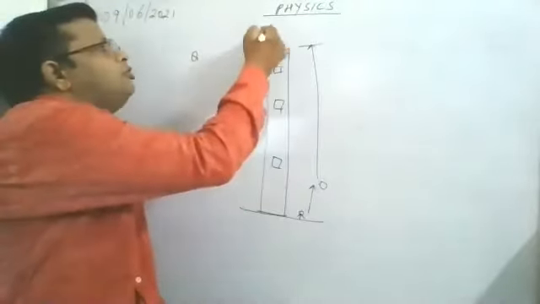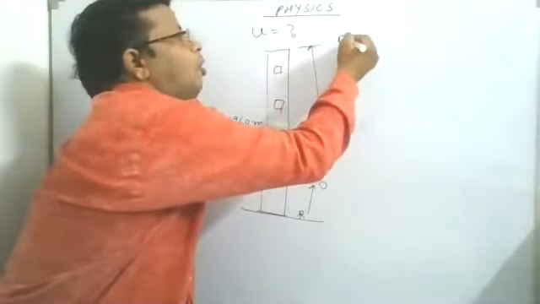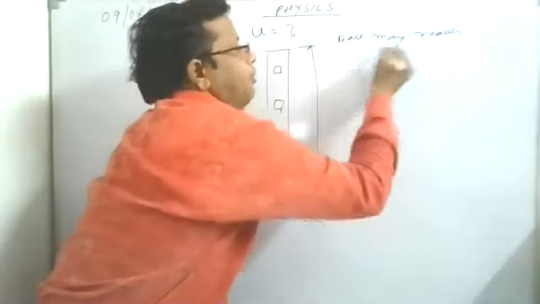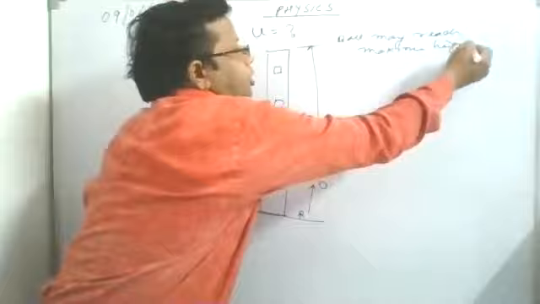What is the velocity with which the ball should be thrown so that the ball may reach the maximum height? So let us see here.